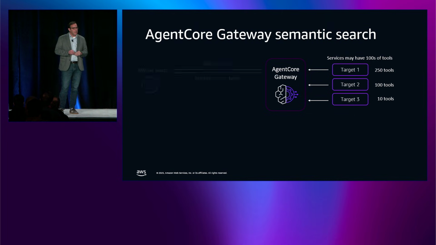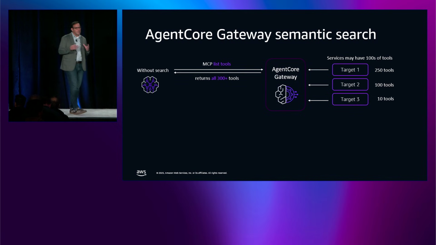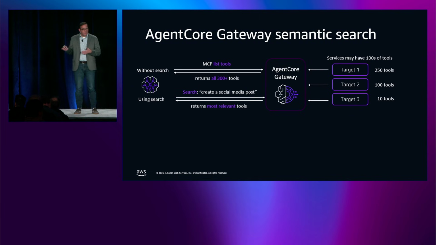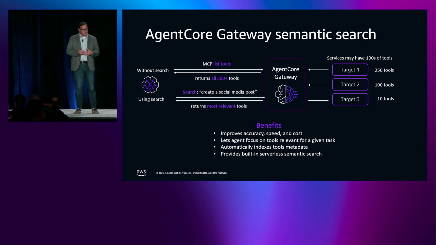Semantic search helps with that. What it does is it actually takes a look at the context of the request and the context that the LLM is operating in, and allows you to use that to execute a semantic search on the tools that are available within the gateway. And so instead of getting hundreds of tools, you get a small subsection of tools that are actually applicable in the context that you're working within.